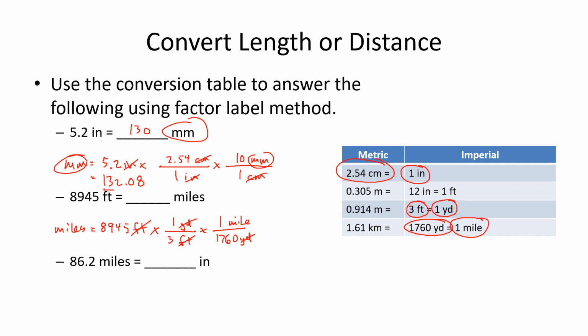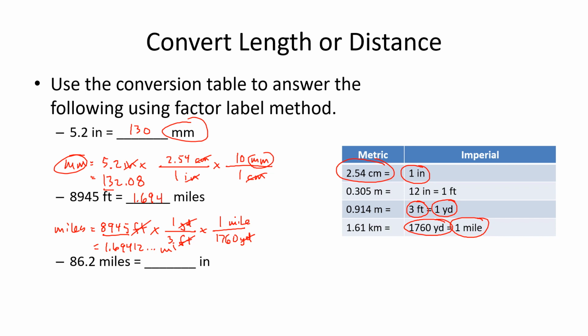What do we have here? 8,945 divided by 3 divided by 1,760 equals, whoa, my goodness, big number, 1.694 blah blah blah, 1.69412 miles.